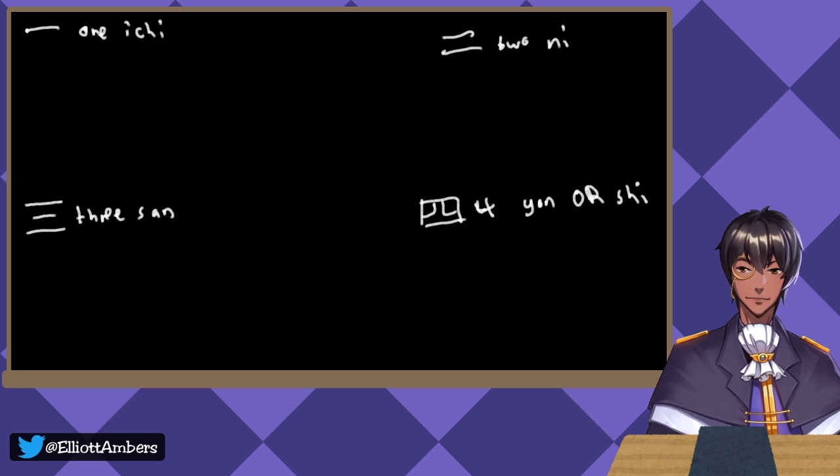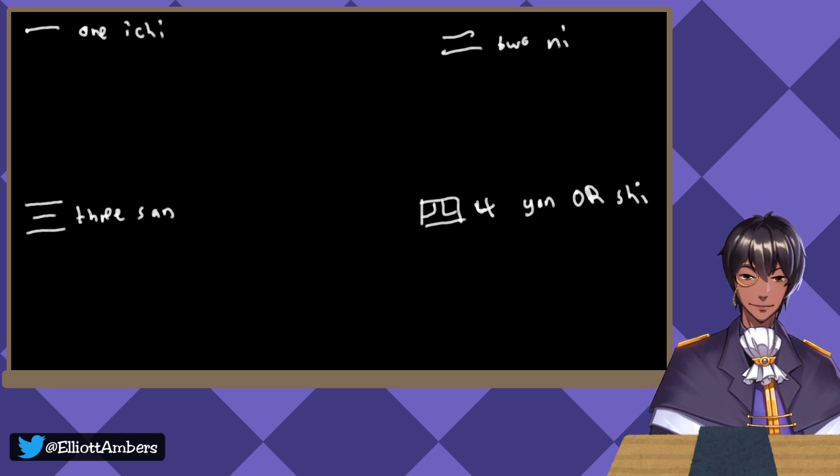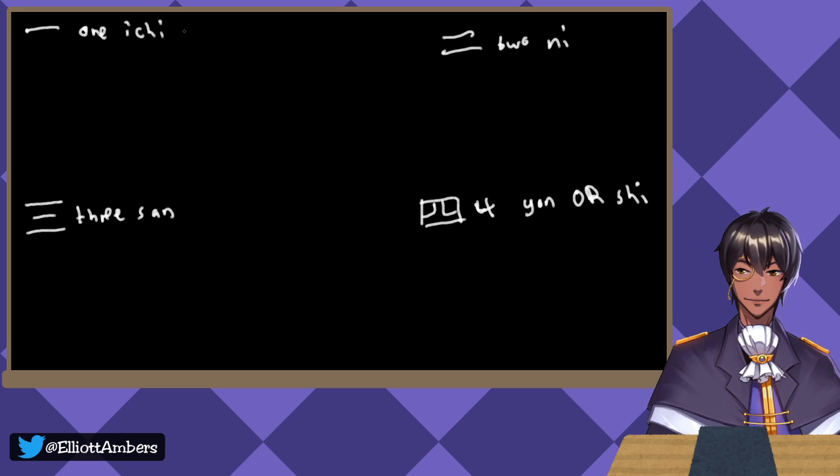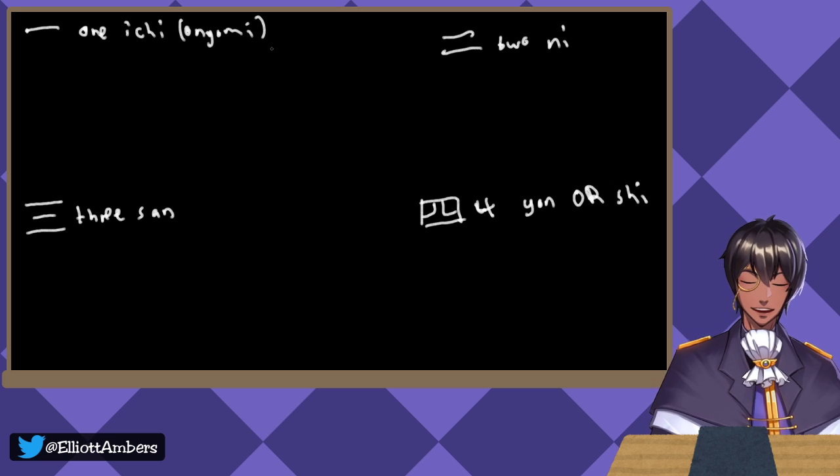So all these top ones, I'm going to label them as K. As On. So like Ichi, that's the original Chinese reading. That's Onyomi. Ni is Onyomi.